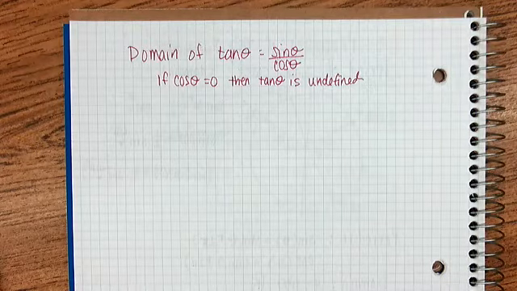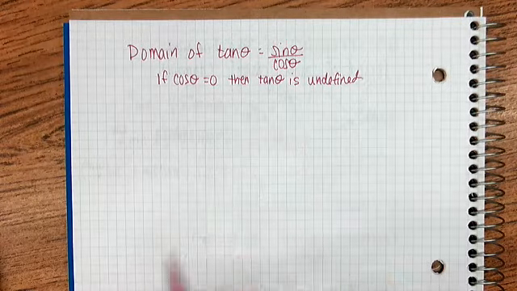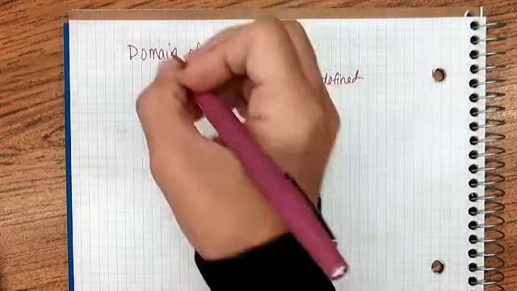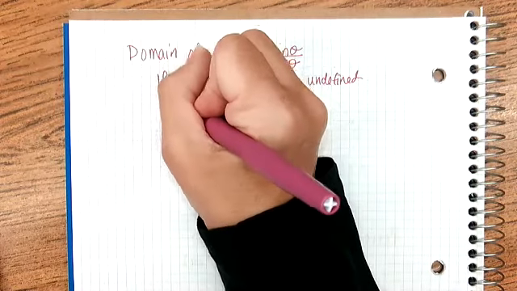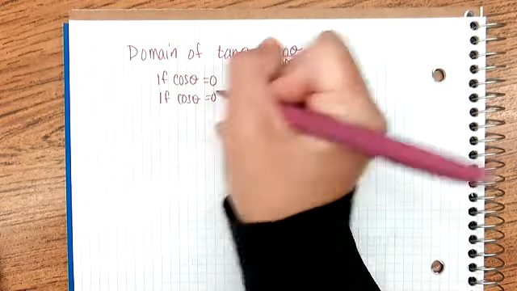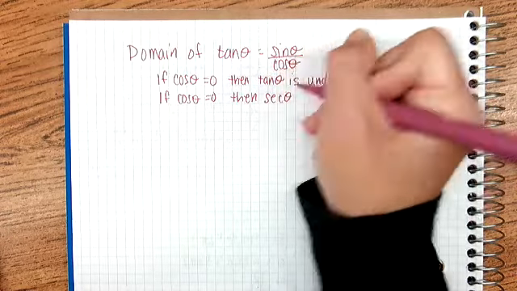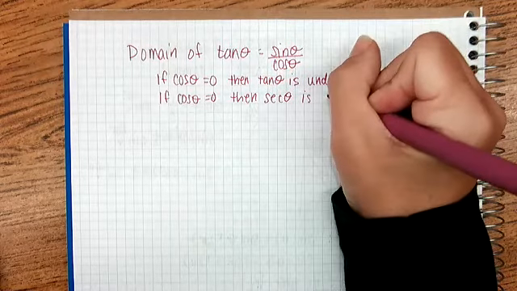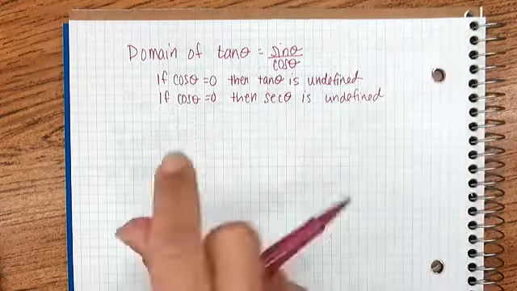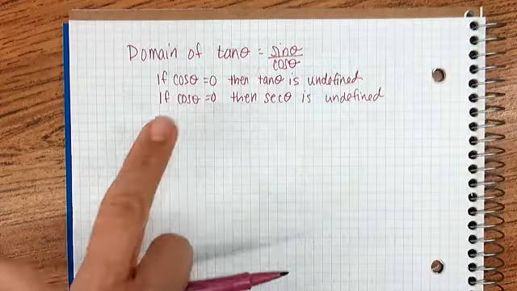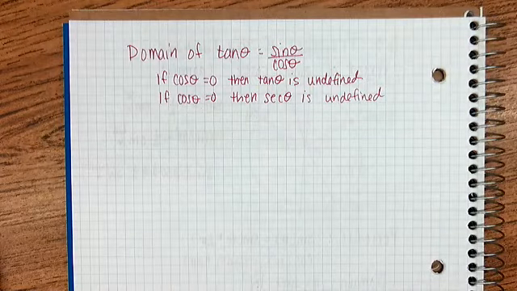But didn't we just talk about where the cosine is 0? The denominator of tangent is the same as secant. If the cosine is 0, then the secant is also undefined, which we just did. If cosine is 0, both tangent and secant are undefined.